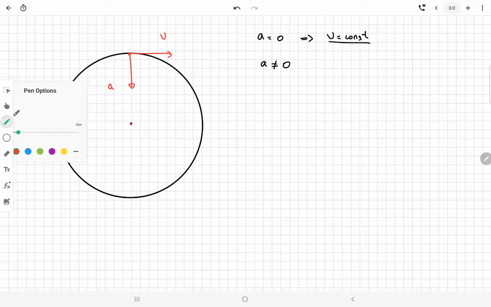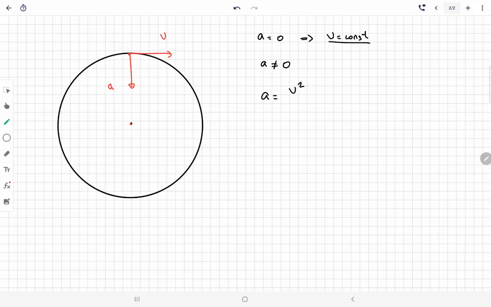And the equation for this centripetal acceleration: a equals velocity squared divided by radius. So if you have a circular motion, you have a centripetal acceleration, and it equals v squared over radius, speed squared divided by radius.